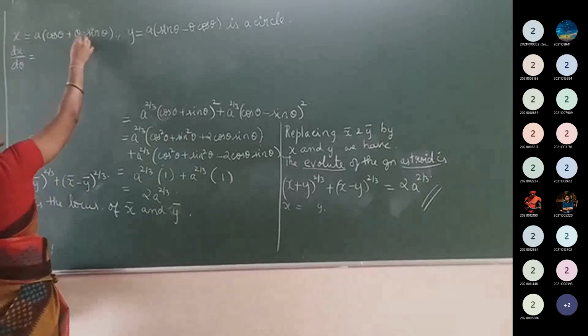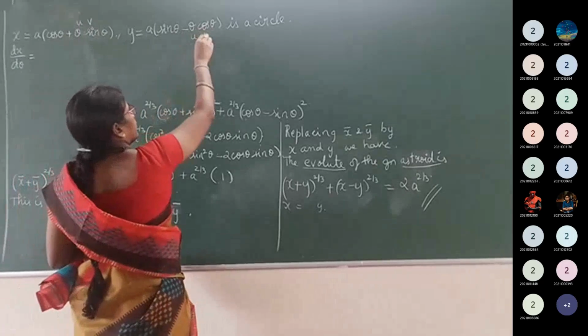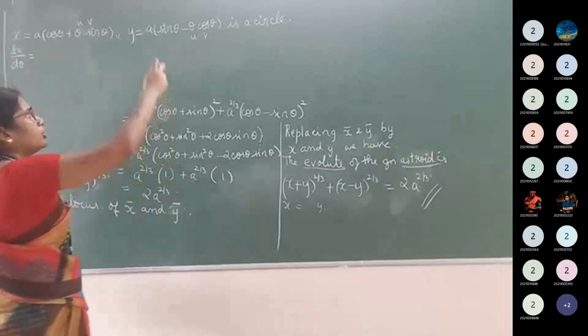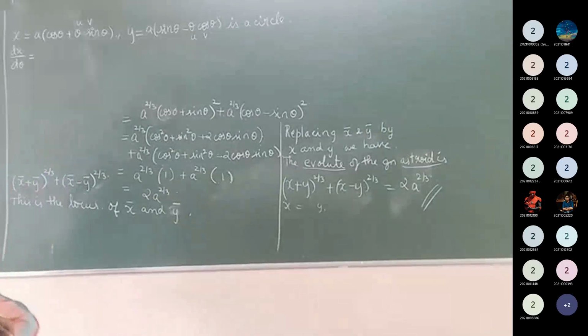Here, theta is u and cos theta is v, how will you apply it?